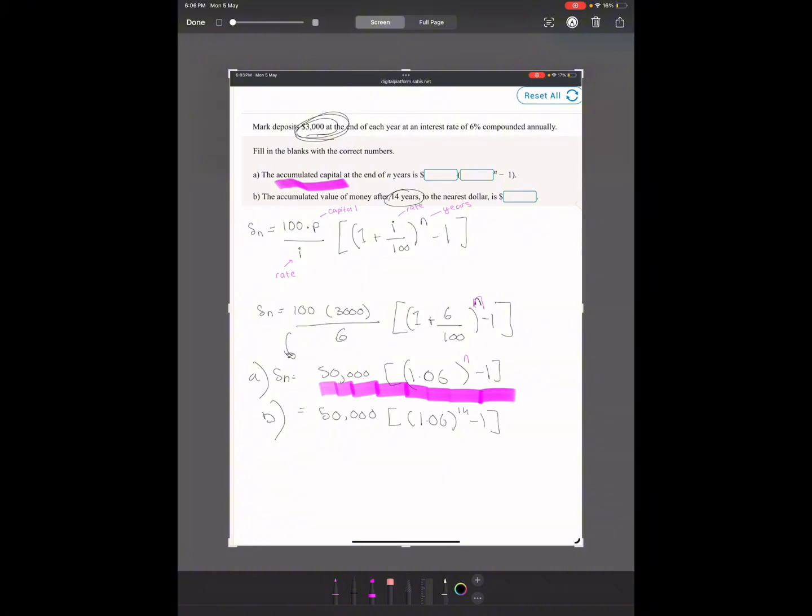You type exactly this and you get an answer of, let me just type this in, 6304.5. To the nearest dollar, by the way, so just round it to the nearest dollar.